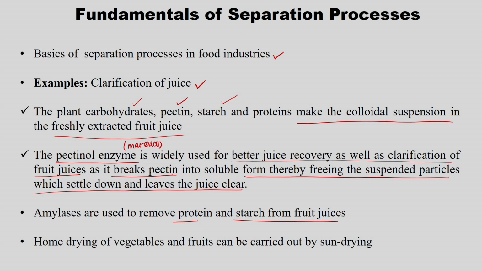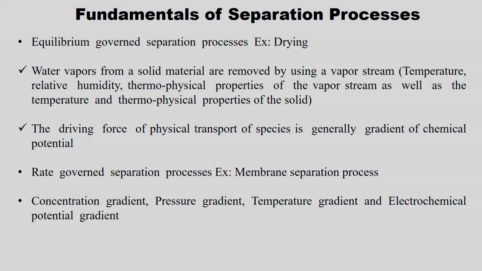This is one example, and another example of a separation process which uses energy is home drying of vegetables and fruits. If we keep them for sun drying using solar energy, the vegetables and fruits get dried. So, that is using energy. Here the separation process is done using a material, and here it is done using energy. Drying is an equilibrium governed separation process, as we just discussed.